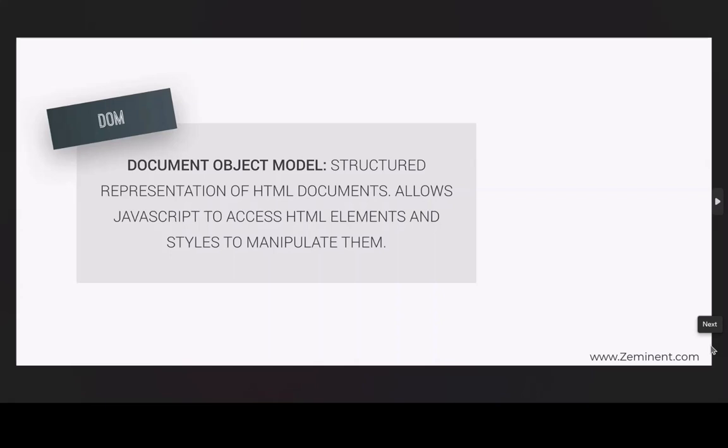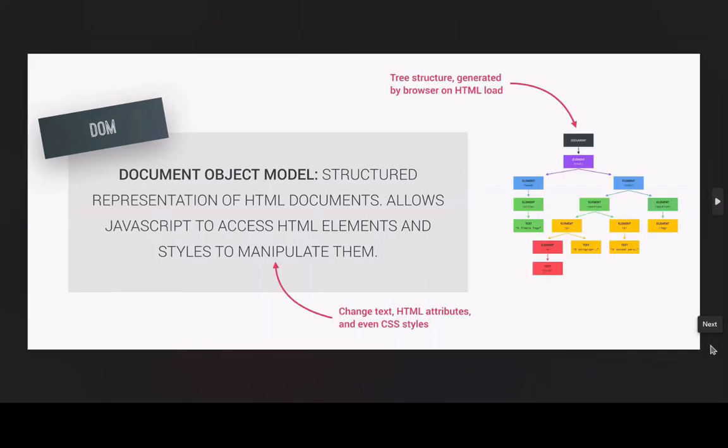Coming to DOM manipulation, it is changing the structure. It's done using JavaScript, and it modifies these objects, updates content, style, attributes, etc. So basically, this is about the DOM.